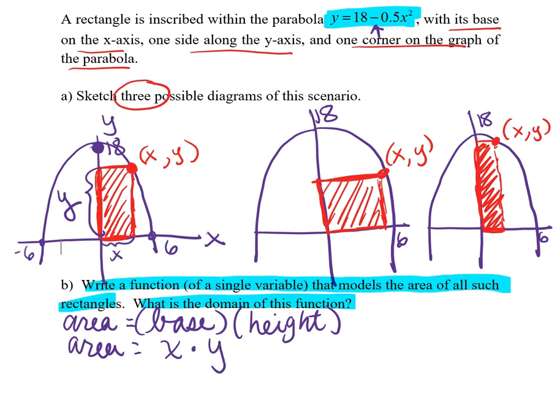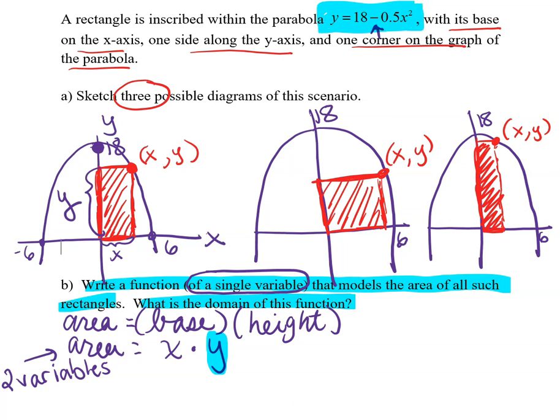But the problem is right now I have two different variables. And if you notice in the directions, it says we want a single variable. So if I want a single variable, I have to think about this y right here and recognize that y is equal to this 18 minus 0.5x squared in the problem.